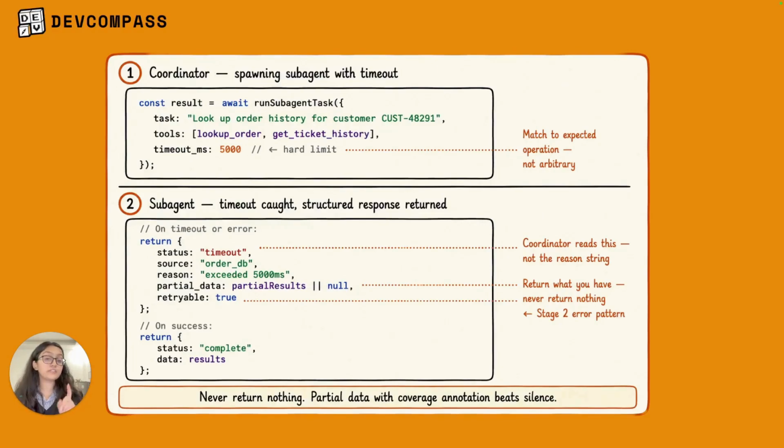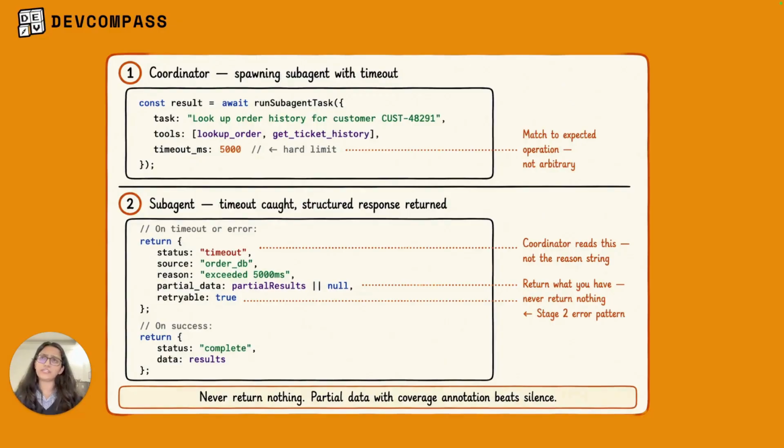In the stage 3 task tool video, if you can recall, you saw the basic pattern. Send task, receive result. Here we are adding two things. The timeout milliseconds parameter sets a hard limit. If the sub-agent does not respond within this window, the coordinator will receive a timeout rather than waiting forever.